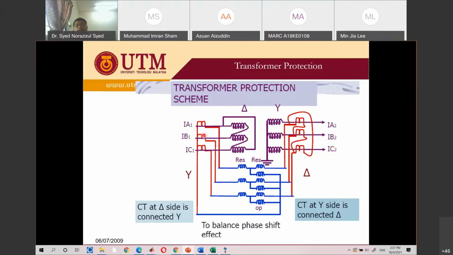So basically they are going to have an error here, but you choose the CT ratio that will give a minimum error to the system, because at the end of the day, the operating coil here requires 20% of the current before it can start to operate. Why do you need 20%? Just to cater for the CT ratio error between both CTs.